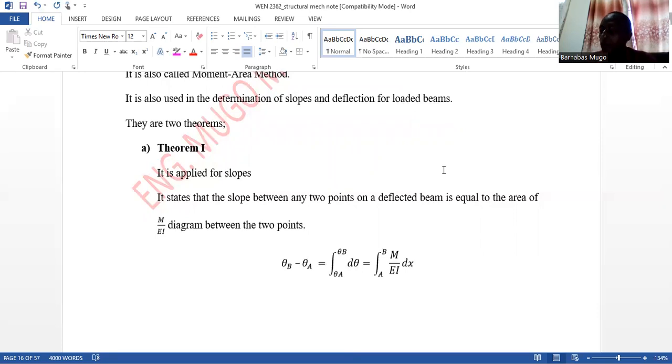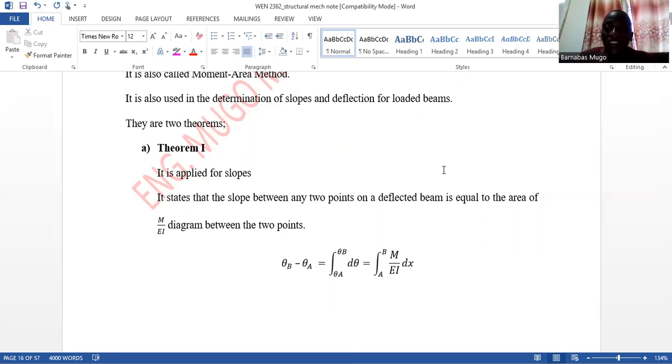Therefore, what you need to know is that the first theorem is going to give me the slope. The second theorem is going to give us the deflection. So when we are looking at the theorem, they are two, theorem 1 and theorem 2.